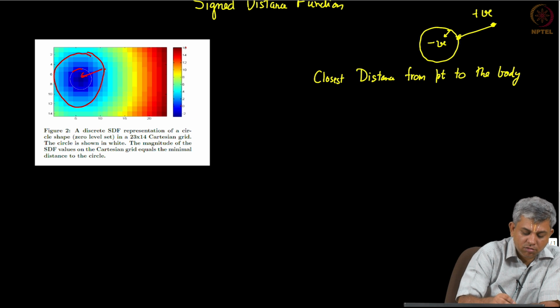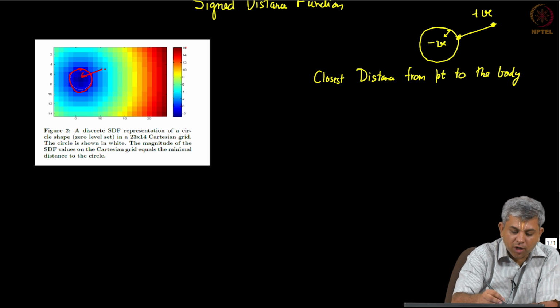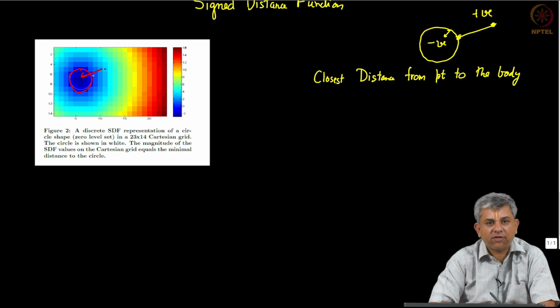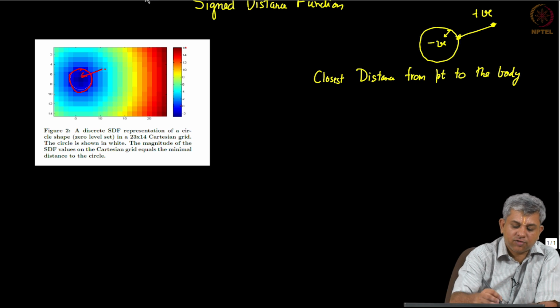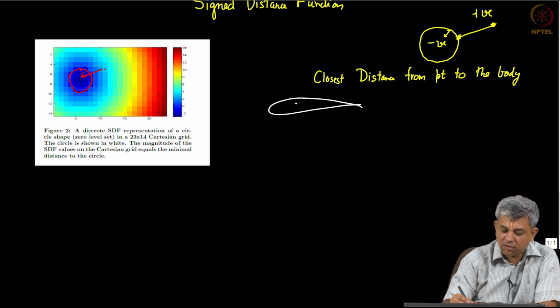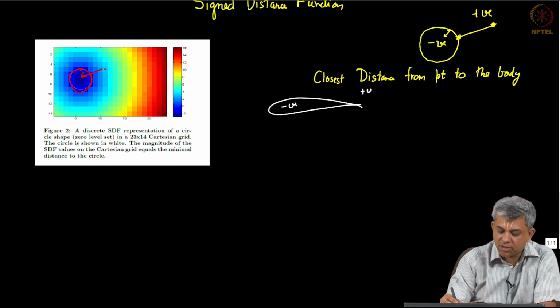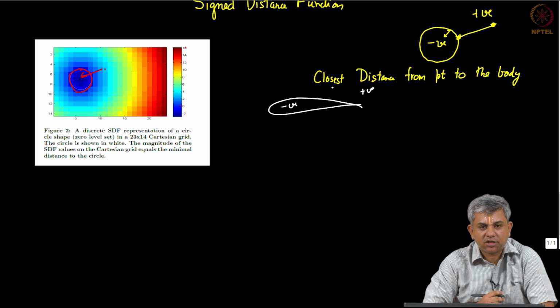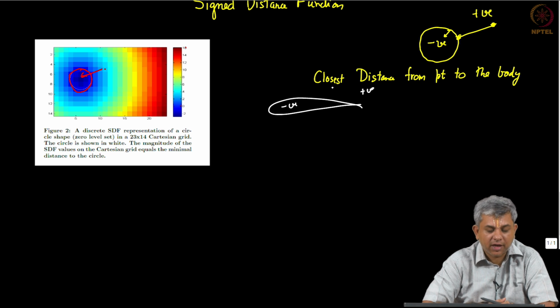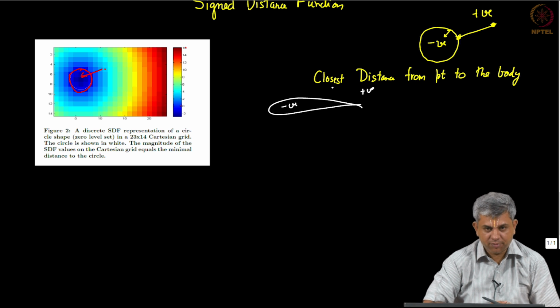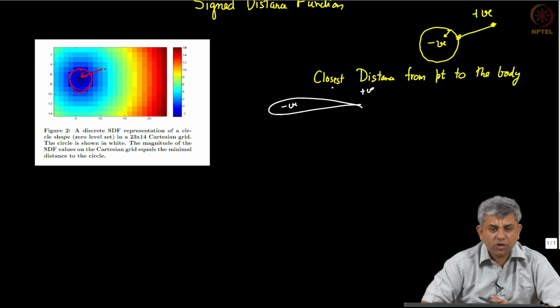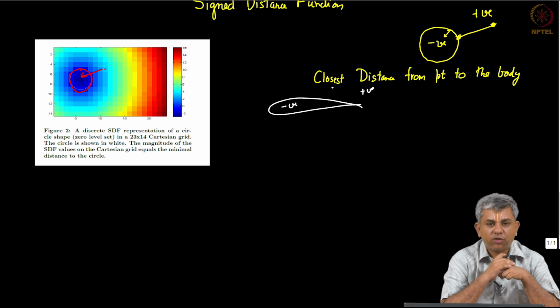Actually they have shown the outline, this is actually the body. Okay. So, the body is here and this is how they have given the signed distance function. Now, for any object you can give a new signed distance function, let us say it is an airfoil, once again negative here, positive here and then find out the shortest distance from any point to the surface and then label it positive or negative. Okay. So, this is how they have given the input, and once again here is where we have used some amount of domain knowledge.